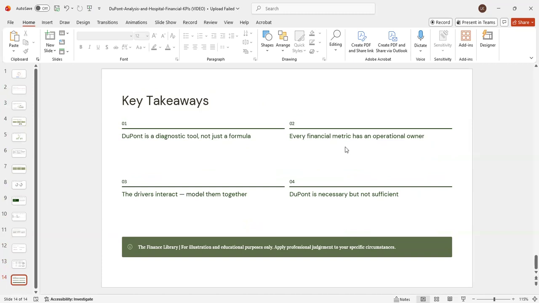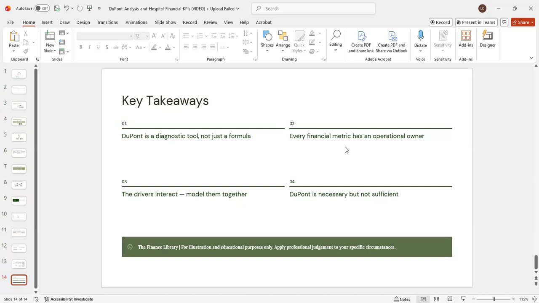The key takeaways, to wrap up the discussion, are that the DuPont equation is not just a formula, because it is directly connected to operational levers. It can serve as a diagnostic tool, allowing you to get insights into what kind of operational changes you can make to improve the three drivers of the DuPont analysis, namely profit margin, asset turnover, and the capital structure.